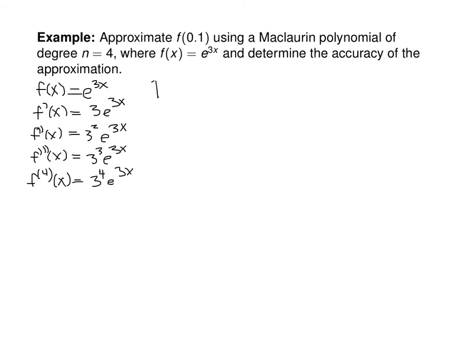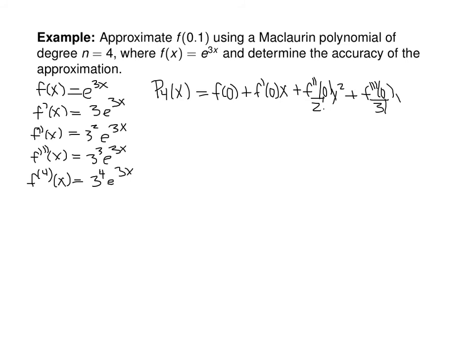And then p4 of x, since we have a Maclaurin polynomial, we're centered at 0, that will equal f of 0 plus f prime of 0 times x plus f double prime of 0 over 2 factorial x squared plus the third derivative at 0 over 3 factorial x cubed plus the fourth derivative at 0 over 4 factorial x to the 4th.